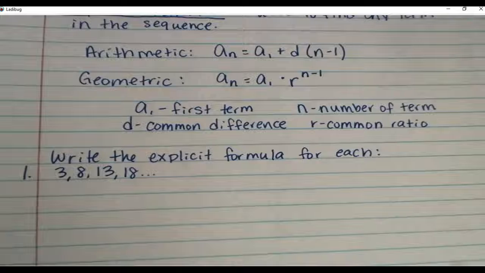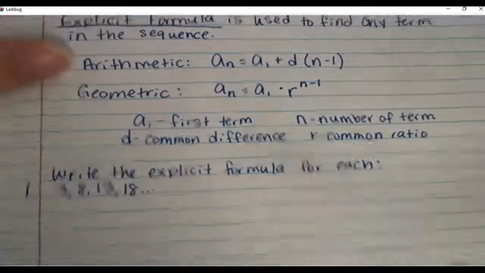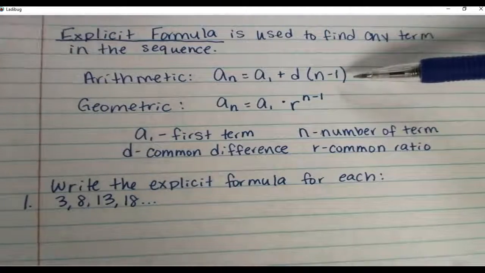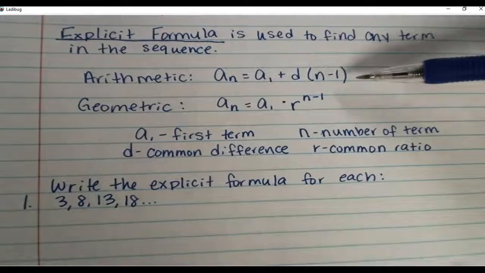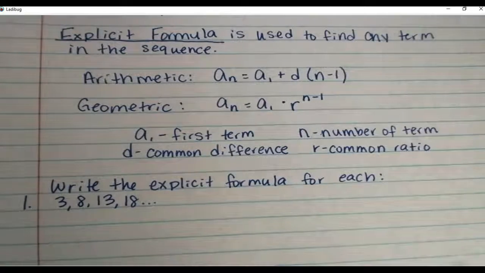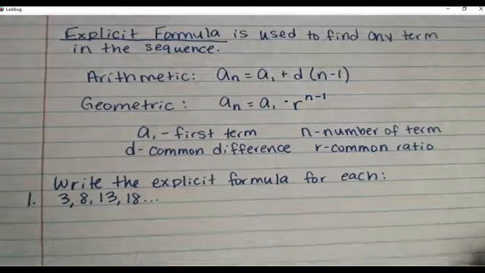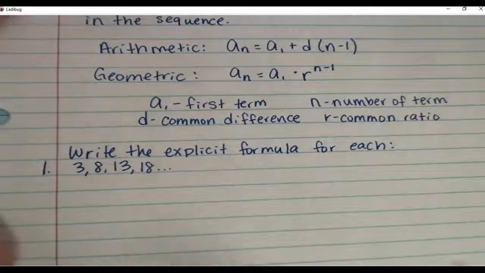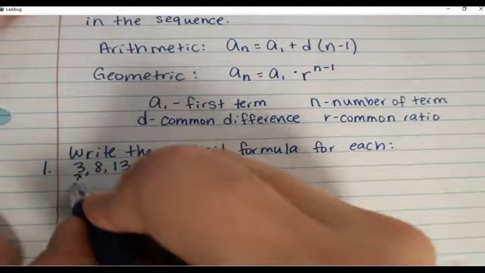So what's happening with this one? Adding 5. So is it arithmetic or geometric? Arithmetic. So we're looking at this one. So we just want to write the formula. We're not trying to find a specific term. So an and n are going to stay our variables. So we have to plug in for a1 and d. So what is a1? What is the first term? 3.